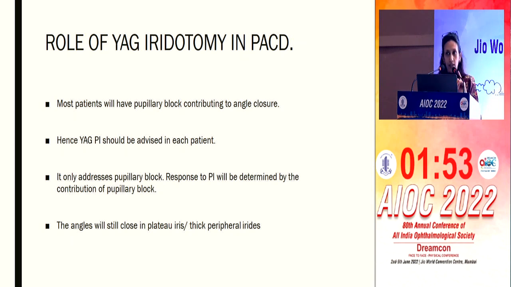So always the patient will not have just one mechanism, but pupillary block is a main mechanism, and hence iridotomy should be advised in each patient. But as I have told you earlier, it will address only the pupillary block, and response to PI will be determined by the contribution of the pupillary block and the contribution of the other factors.